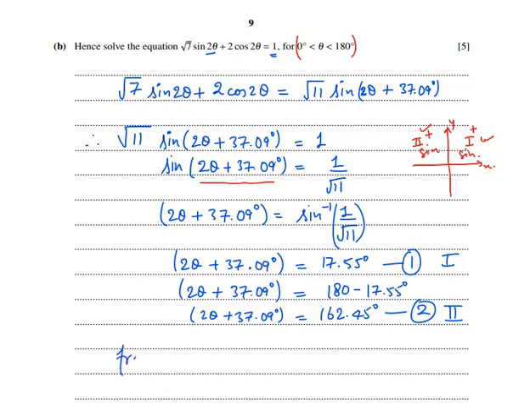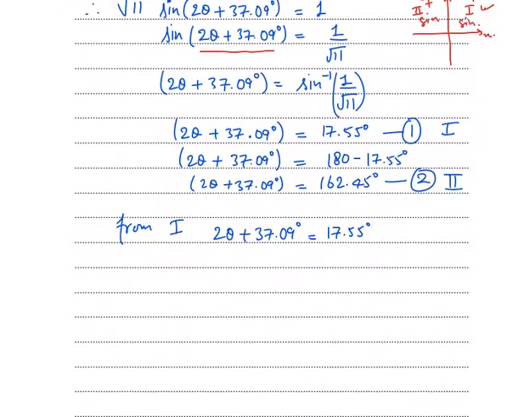Okay, so from 1, I can write 2 theta plus 37.09 degrees is equals to 17.55 degrees. All right. So from here you can write 2 theta is equals to 17.55 degrees minus 37.09 degrees. Okay.